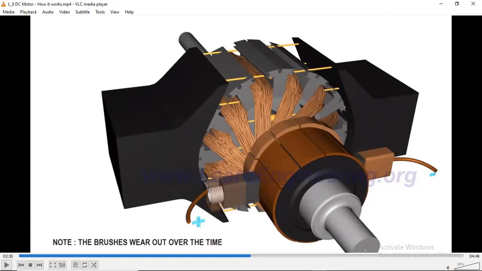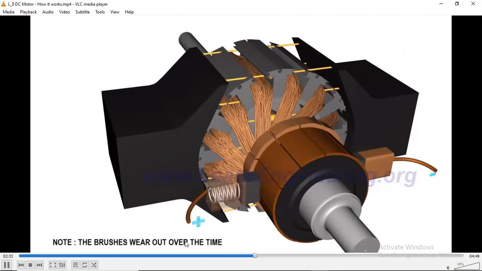This way we connect the field winding in the slots, one by one, in series or in parallel, and provide the DC supply. So a DC motor can be of two types: one with a permanent magnet and one with an electromagnet. Hopefully I continue the session again via the video.